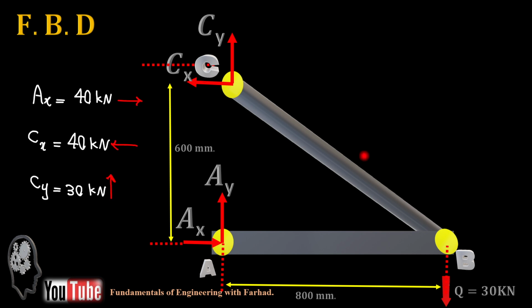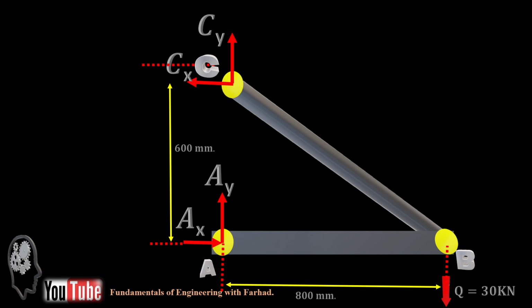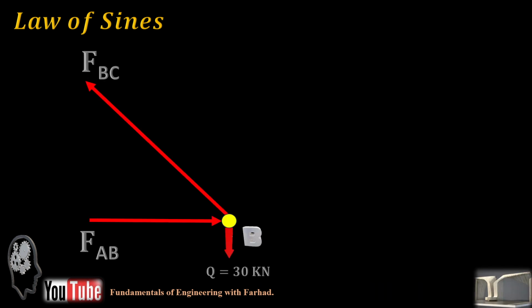As soon as we have the forces, we can rearrange the format as soon as we have the directions of AX, CX, CY. So CY is upward, CX is outward, AX is inward. As soon as we have them, we can create the triangle for the law of sines for our structure.